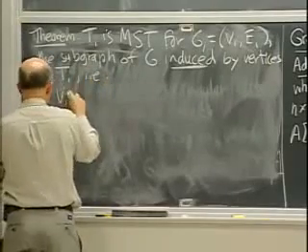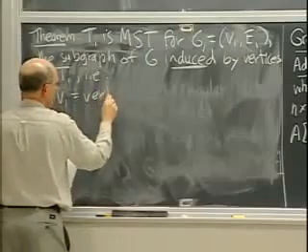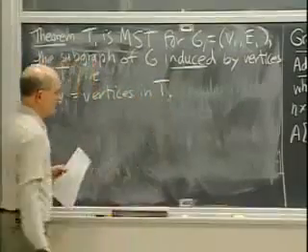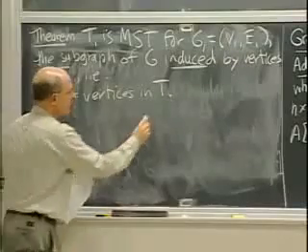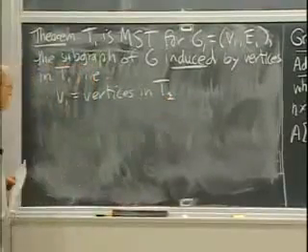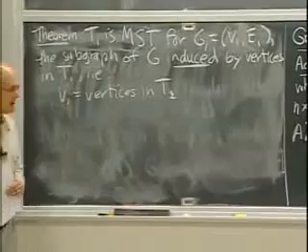That is, V1 is just the vertices in T1. This is what it means to be induced. Okay, so V1 is the vertices in T1.